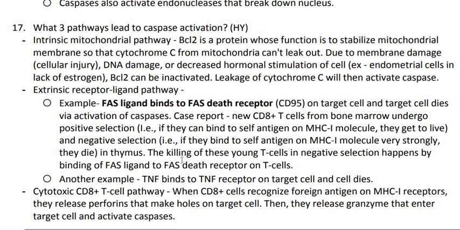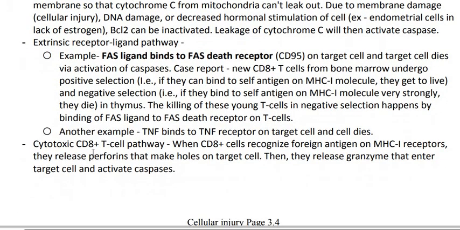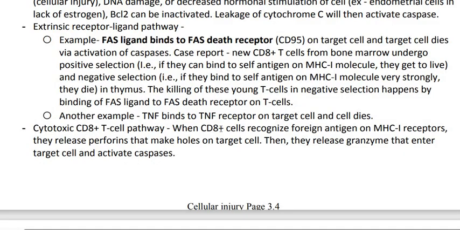Killing these young T cells in negative selection happens by binding of Fas ligand to the Fas receptor on T cells. As another example, tumor necrosis factor binds to the tumor necrosis factor receptor on the target cell and the cell dies.